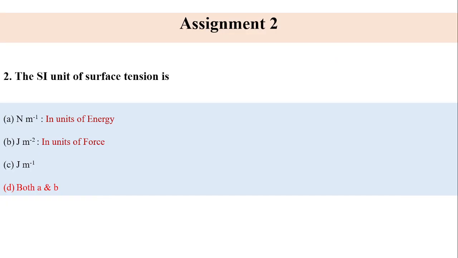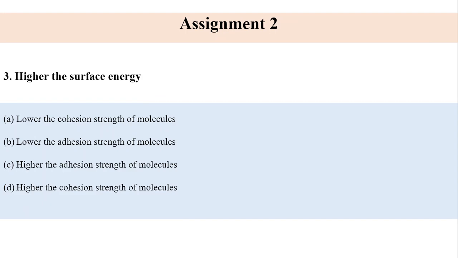The third question for today's assignment is: higher the surface energy. You have to complete this statement. The higher the surface energy, option A is lower the cohesion strength of molecules. Option B, lower the adhesion strength of molecules.